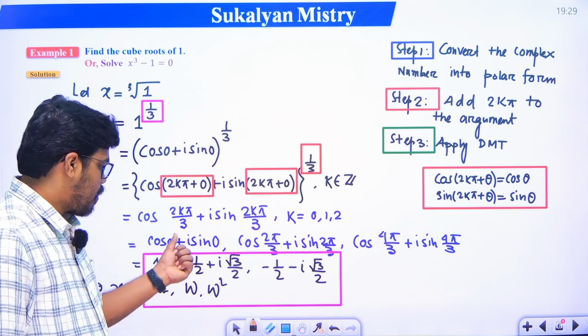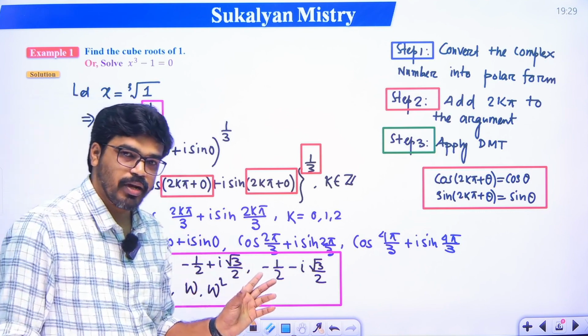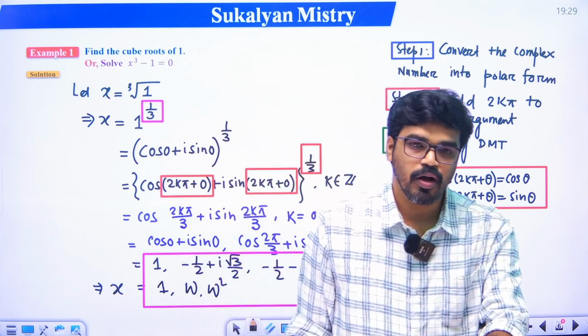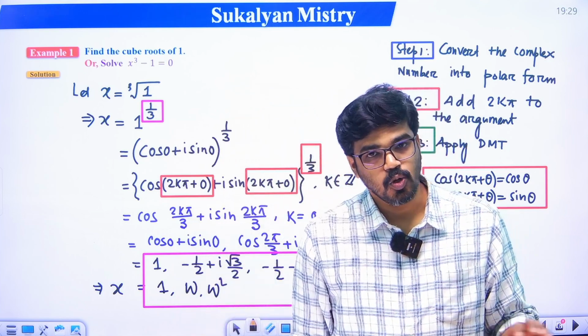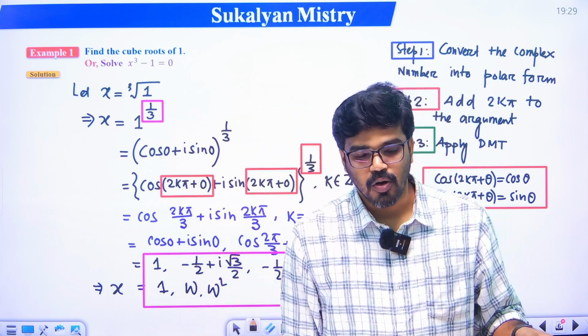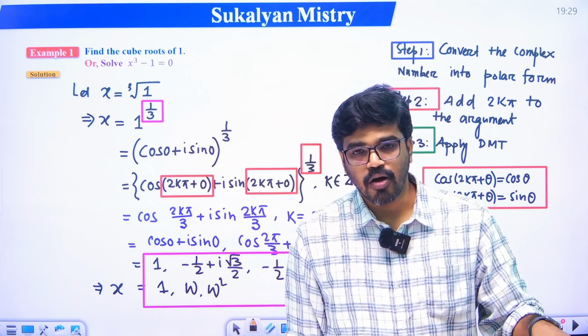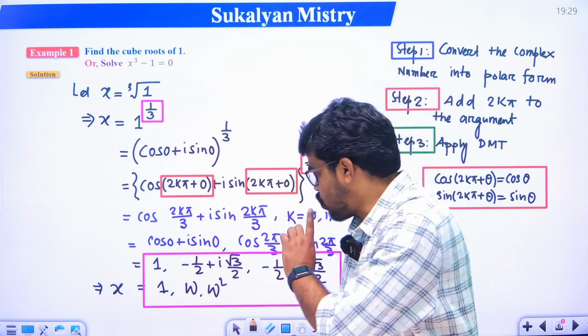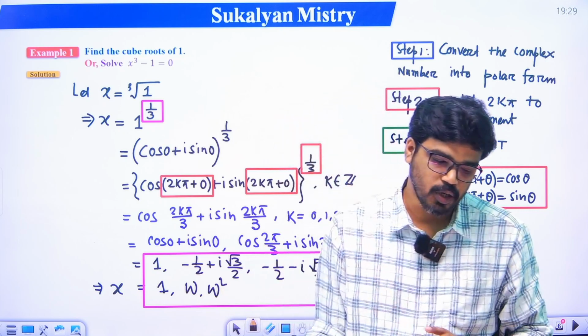That is 1, minus 1 by 2 plus i root 3 by 2, minus 1 by 2 minus i root 3 by 2. Okay. So the cube roots of unity are 1, omega and omega square.